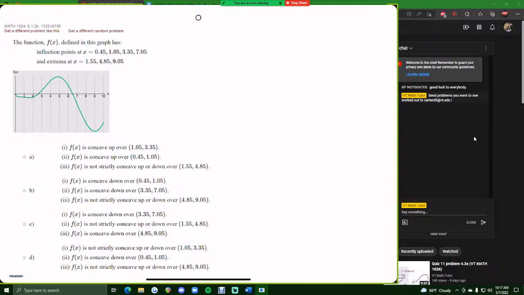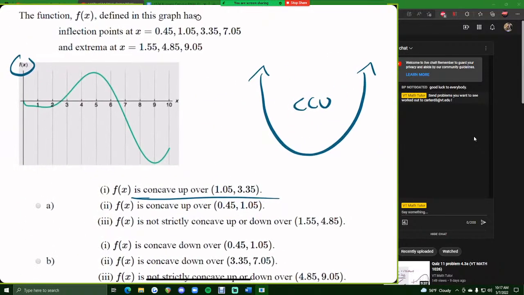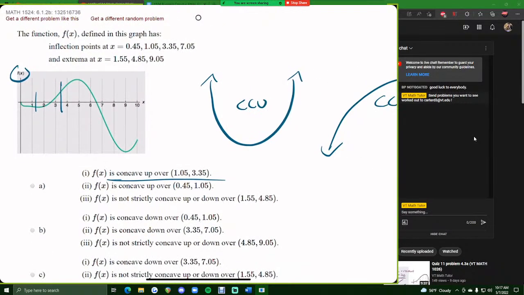It's asking about concave up and concave down given the original function. Again, when you're given the original graph of f, concave up literally means concave up, and concave down means concave down. So let's scan through these. Concave up over the x values, 1.05 to x equals 3.35. It looks quite concave up.